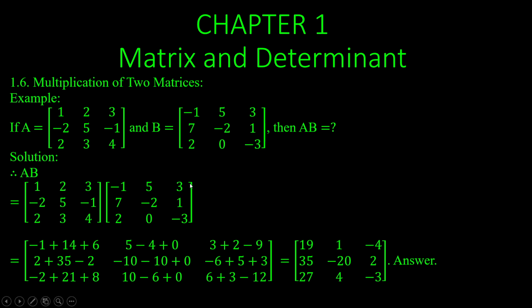Now again we have to multiply all the entries of the third column of the second matrix by the corresponding entries of the first row, second row, third row of the first matrix.